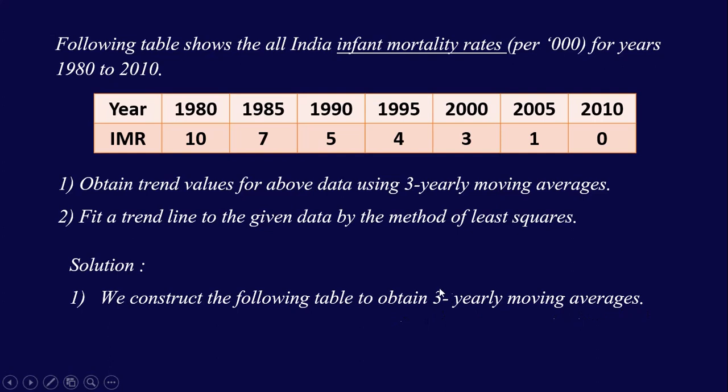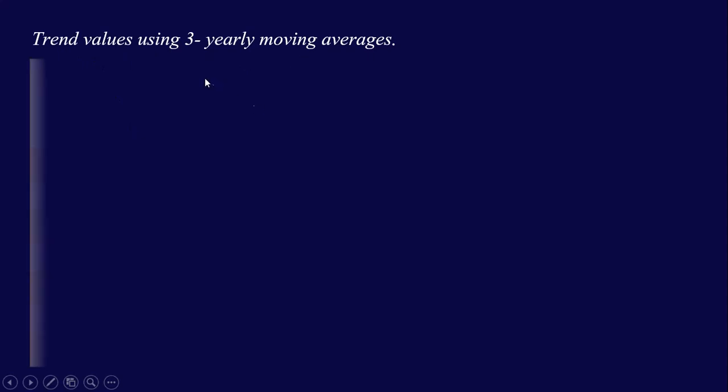Okay, here we are taking 3 yearly moving averages, so we have to divide the addition of 3 years' observations by 3. Let year be t and this variable IMR we denote by xt per thousand. Trend values using 3 yearly moving averages.